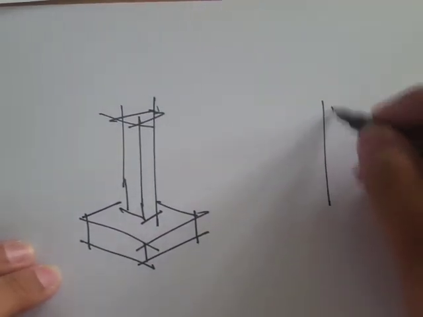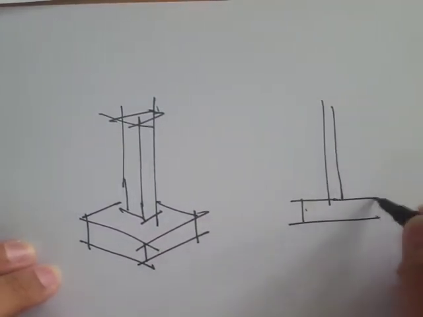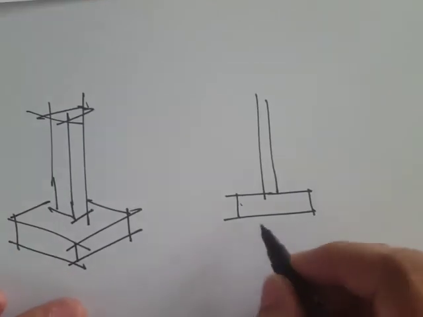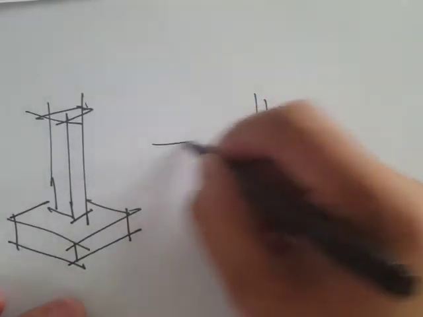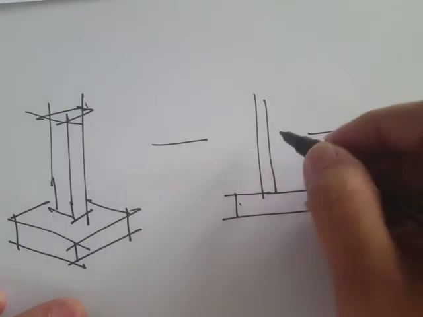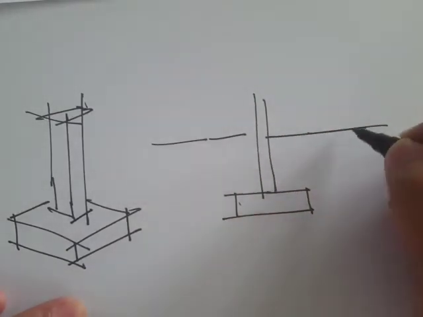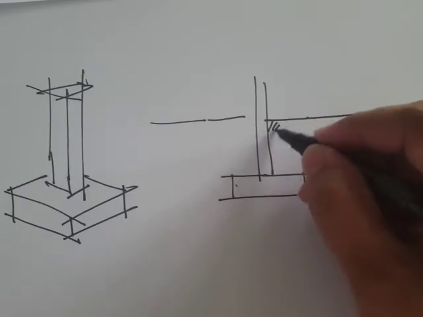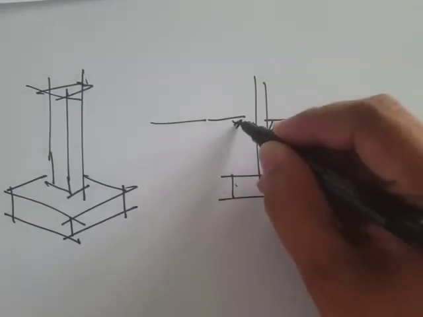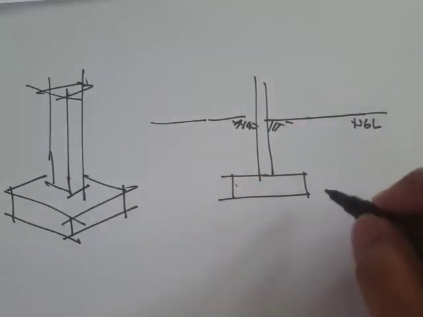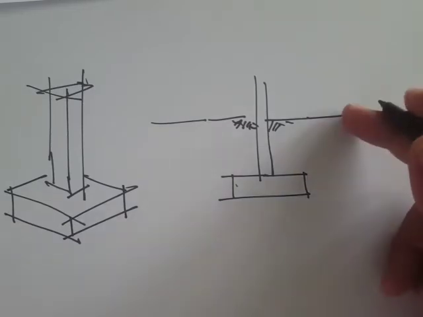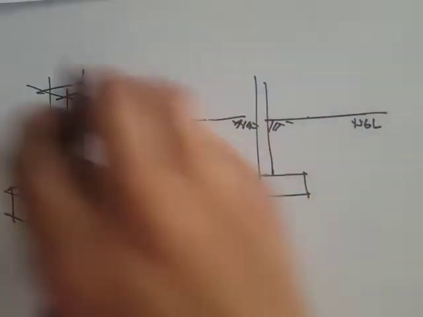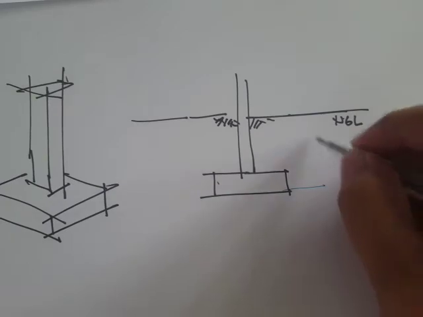So in side view or elevation view, now let's say this is the natural grade line, so NGL or natural grade line. Okay, so you notice that this footing is below the grade line, at some distance.